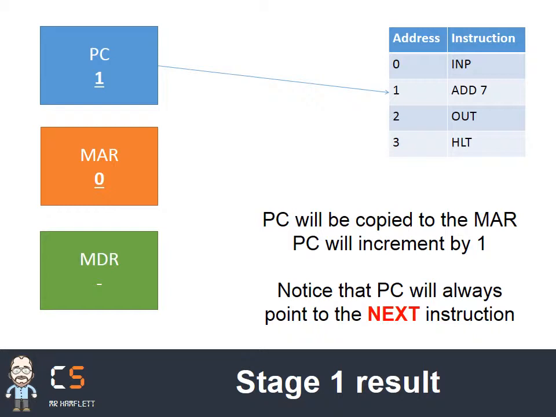The next thing I need to do is a fetch. So the location 0 has the instruction input, so that's going to be copied over to the MDR, or basically fetched. Okay, just linking to something we're going to be looking at in a bit, it's going to be coming via the data bus.